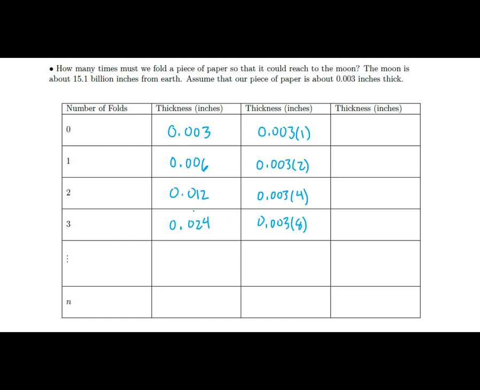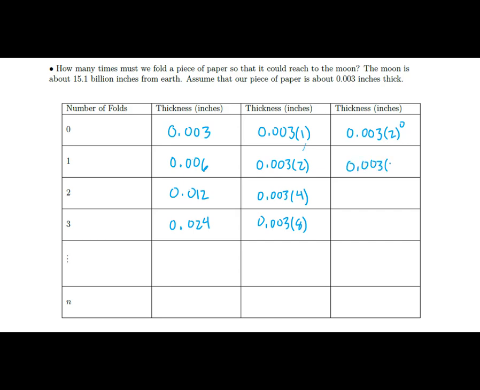And of course that gives me the same numbers that I had in this first column. And then lastly, I'm going to express these as a number raised to a power. Now 1, 2, 4, and 8 are all powers of 2. The 1 is a power of 2 in the sense that it is 2 to the 0 power, because anything to the 0 power is going to give you 1.